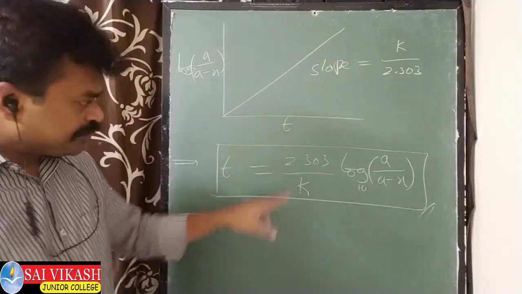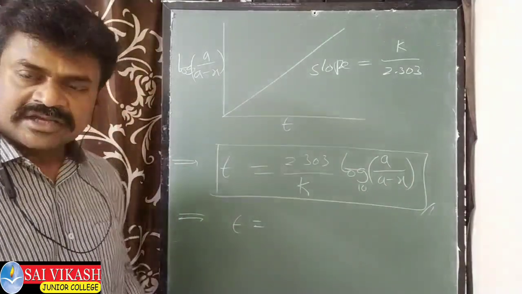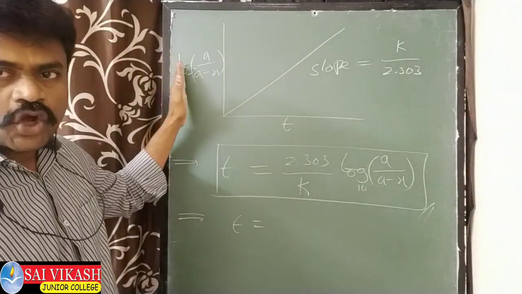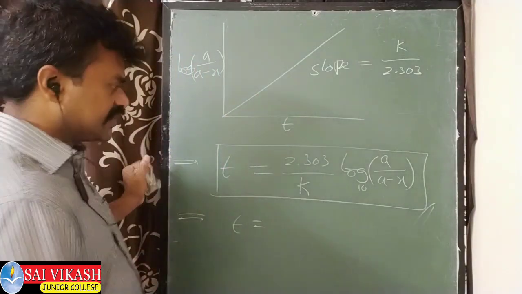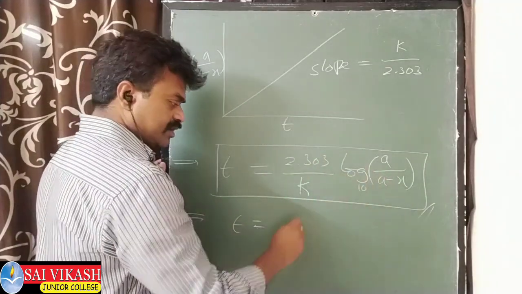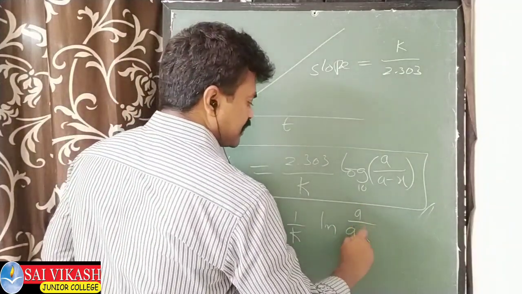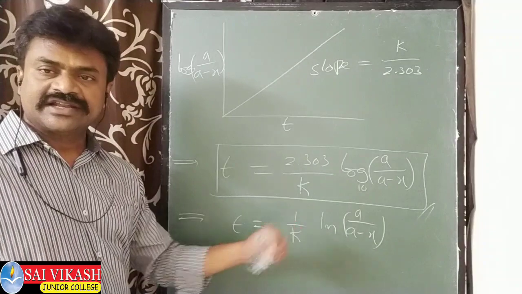But if you remove 2.303, then ln comes again. They may ask the graph in terms of log or in terms of natural logarithm. So in terms of ln, we remove 2.303 and get 1 by k of ln a by a minus x. Now again we got ln.